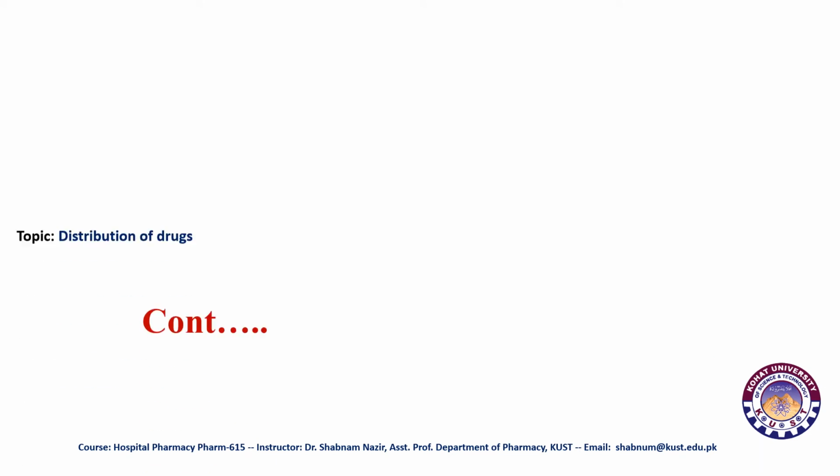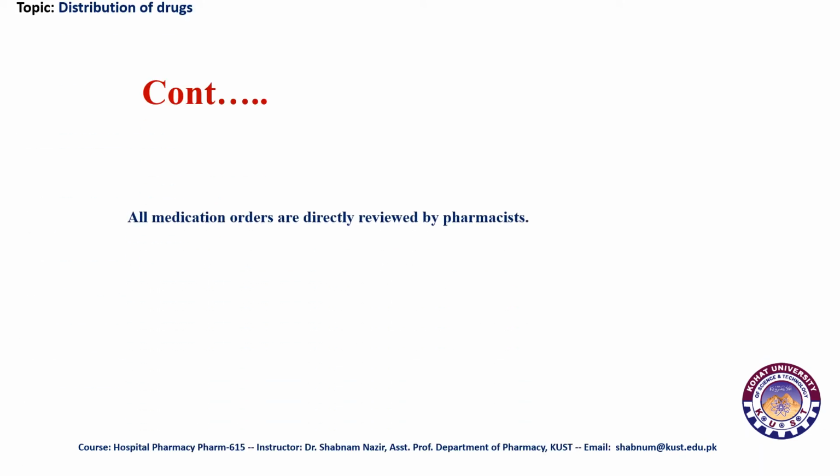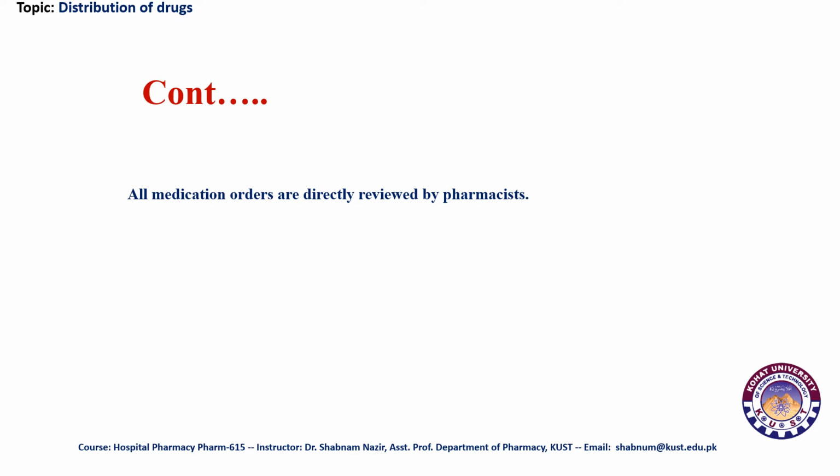The advantage of this system is that all medication orders are directly reviewed by the pharmacist, because the prescription after being written by the physician or doctor is brought by the nurse to the pharmacist for dispensing purpose. Now the pharmacist has full authority to review the prescription and to look for any mistake if there is one.